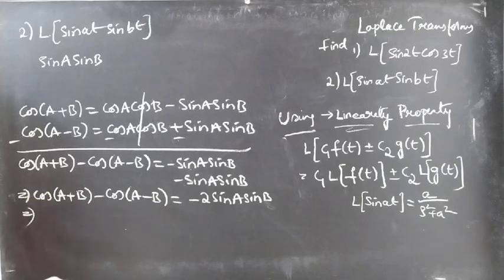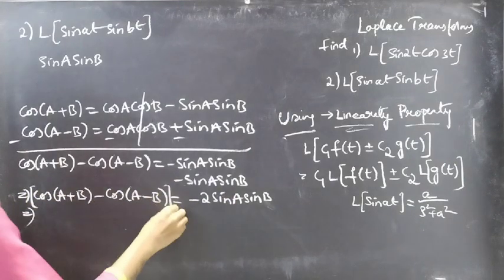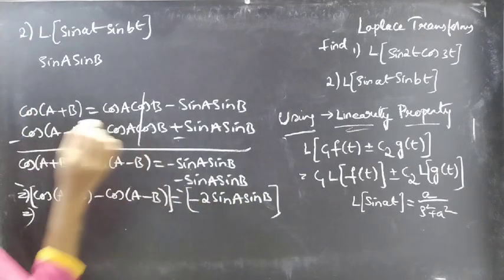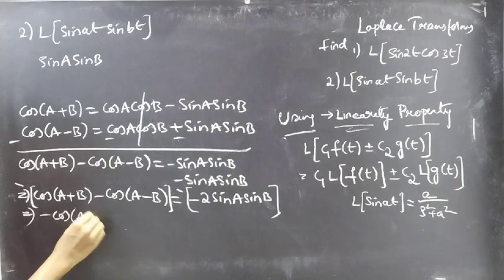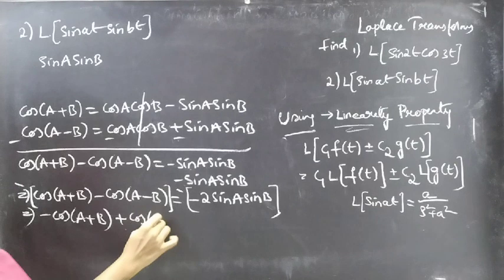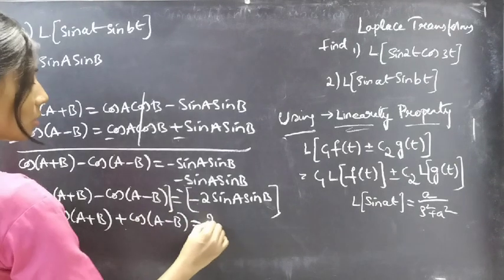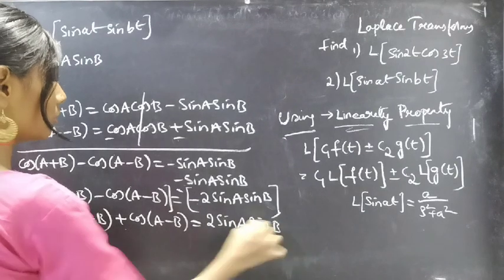We are going to multiply both sides of this equation with minus now. Then we'll get minus cos A plus B, minus into minus plus cos A minus B, equal to minus into minus plus 2 sine A sine B, right?